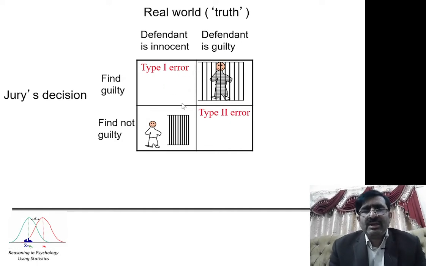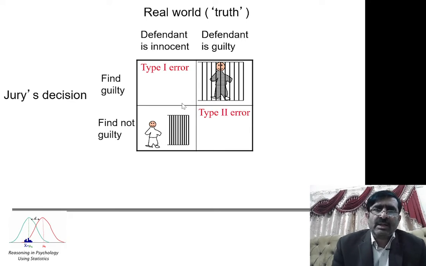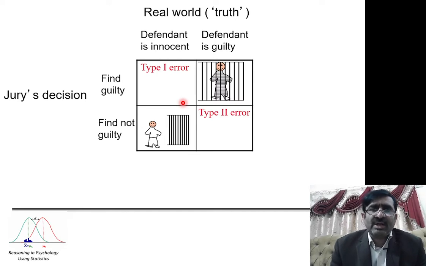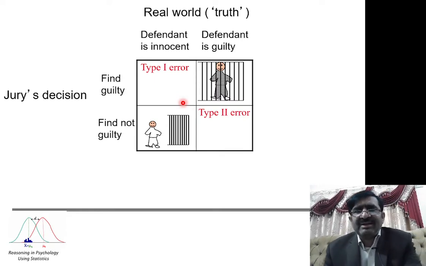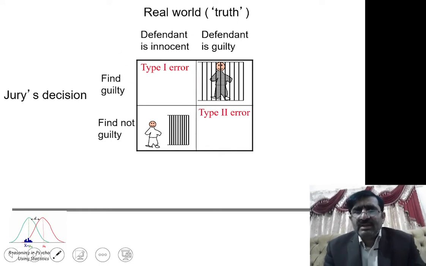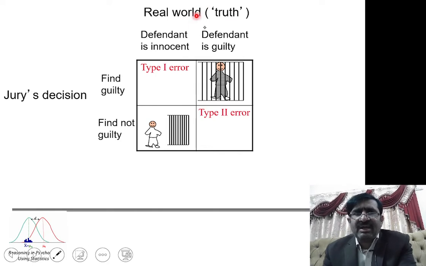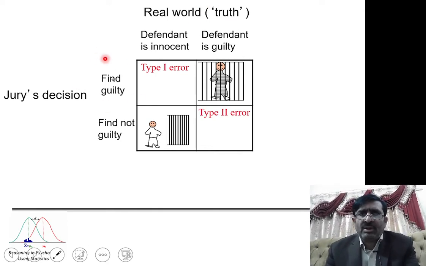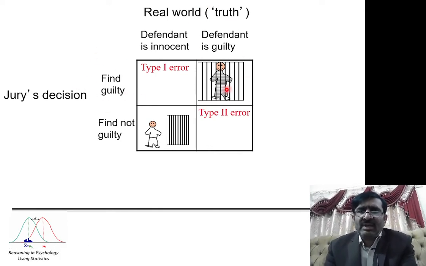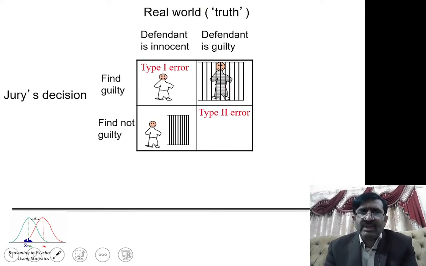Practically, you can say that a scanner machine or a camera machine, placed on some road or restaurant, measures some values. If it wrongly flags an innocent person, we say it is a type 1 error. The other error is when the defendant is guilty, but you let him go instead of putting him in jail.